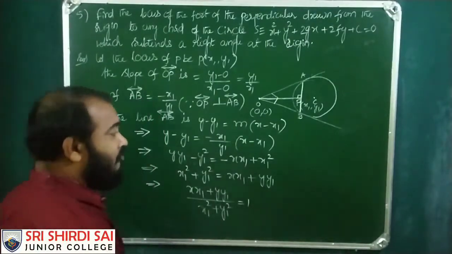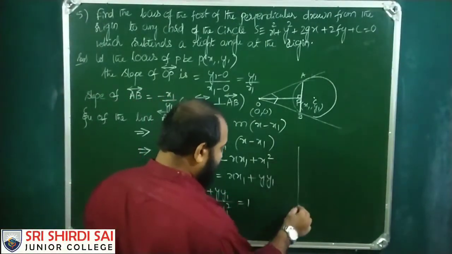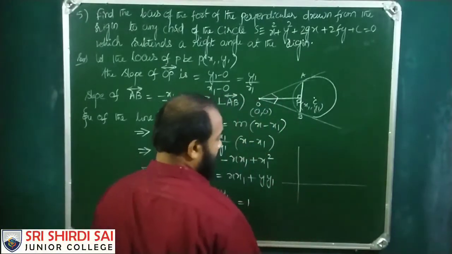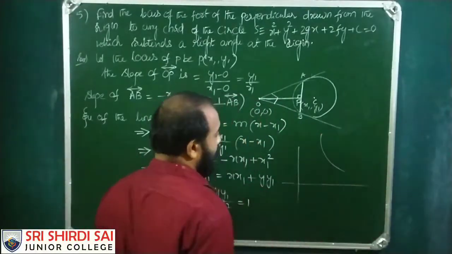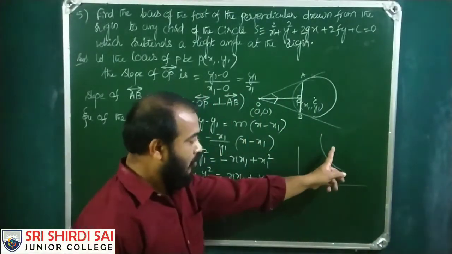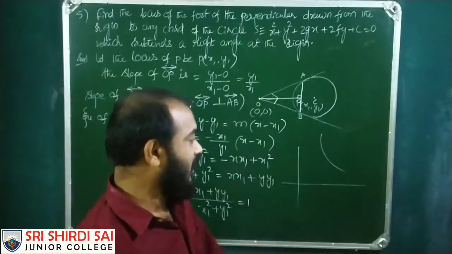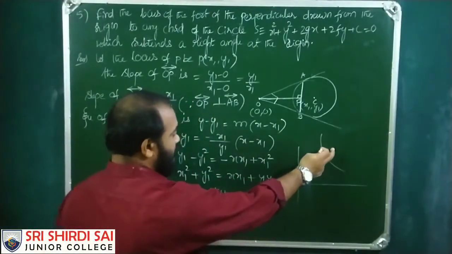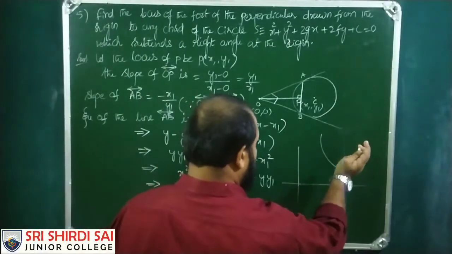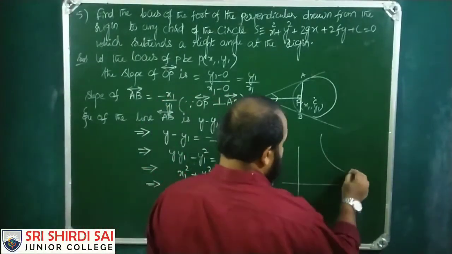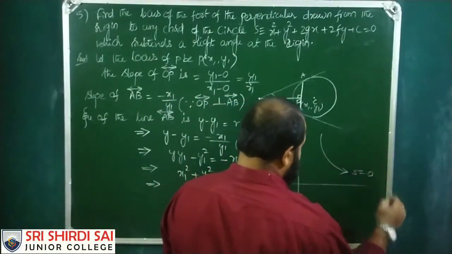Now, in first year we have done this question. See this, so this is the curve. The second degree non-homogeneous equation ax square plus 2hxy plus by square plus 2gx plus 2fy plus c equals 0, that is S equals 0.